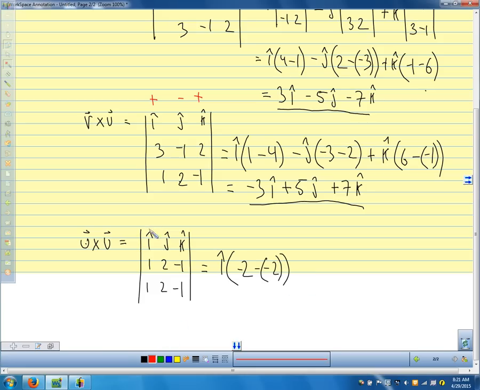And if it helps, you can do your plus minus plus there. Minus j hat times -1 minus -1, plus k hat times, cross out that row, that column, 2 minus 2.